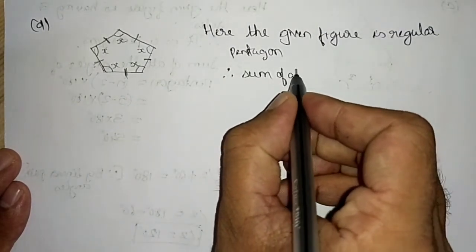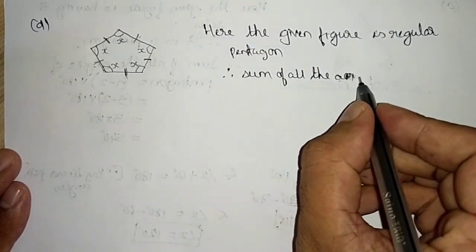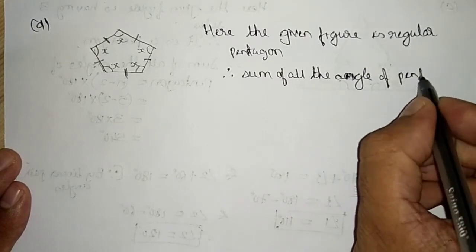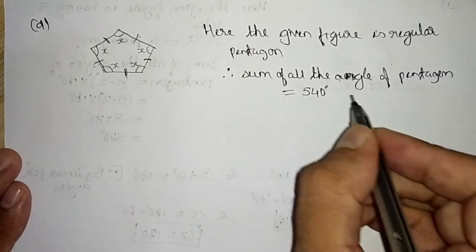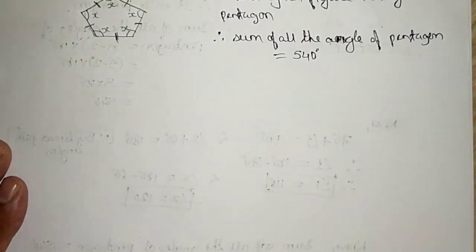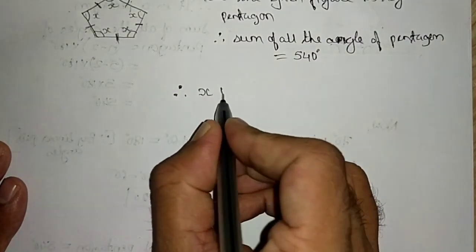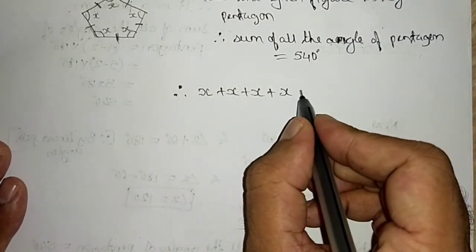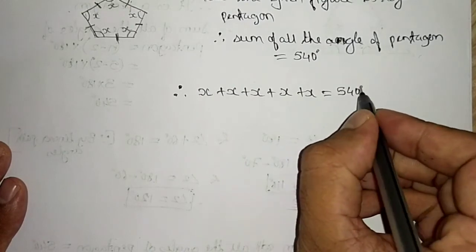And therefore the sum of all the angles of a pentagon is equal to 540 degrees. Why 540 degrees? Because just now we have solved it, right? Therefore, can I write x plus x plus x plus x plus x is equal to 540 degrees? Why?